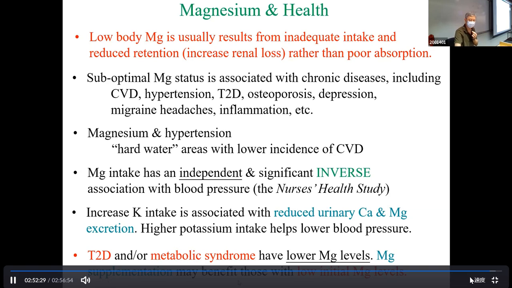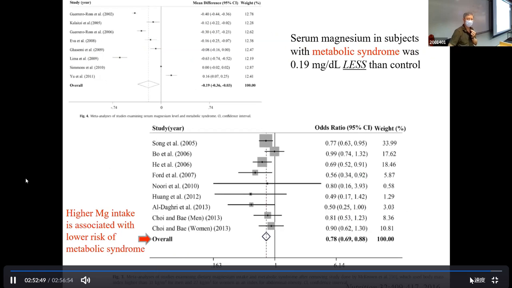And now we're going to go into a little bit of detail. Type 2 diabetic and or metabolic syndrome people have lower magnesium levels. Magnesium supplementation may benefit those with low initial magnesium level. We are going to spend the remaining time on this one. This is a meta-analysis done a number of years ago, looking at subjects with metabolic syndrome.